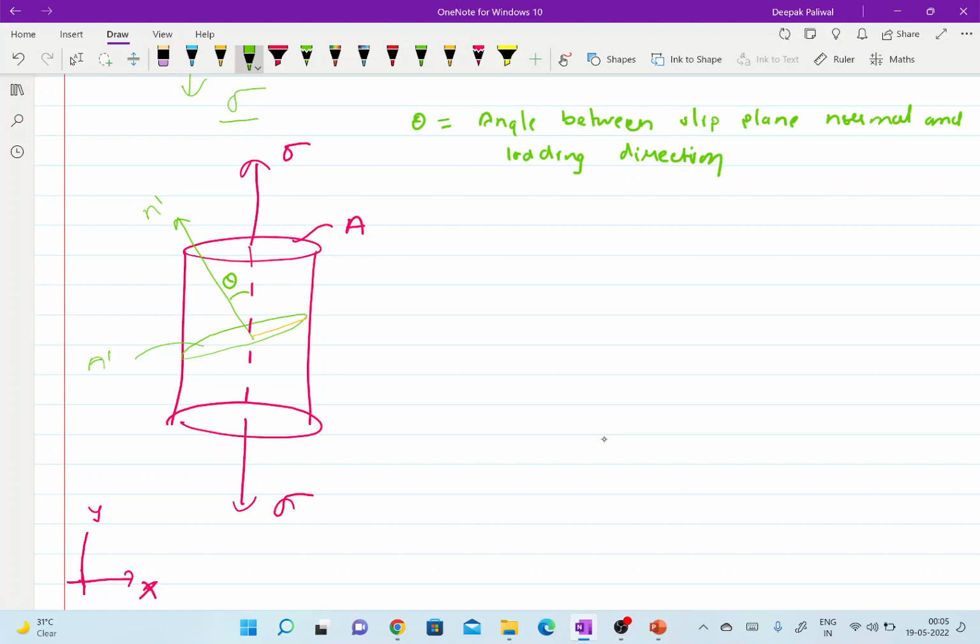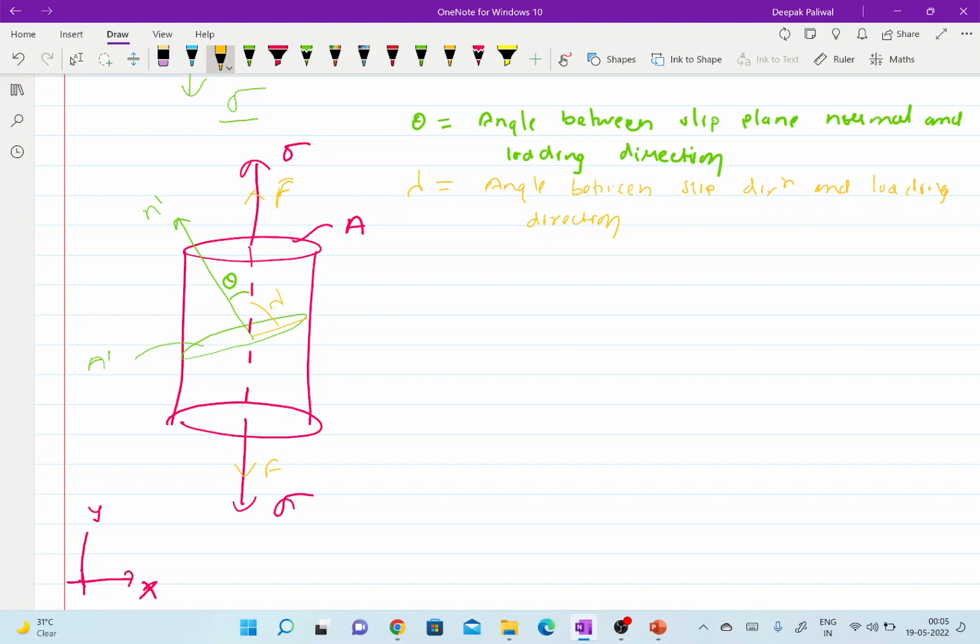Again, lambda is the angle between slip direction and loading direction. I can also call the force, the unidirectional force, along this direction.